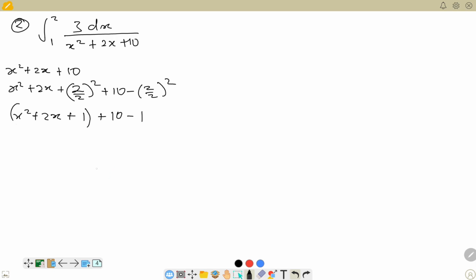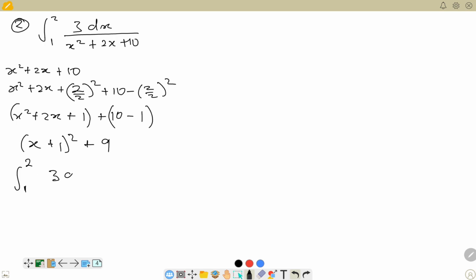And these ones here, we can consider separately. Even this side, we consider separately. And then we can rewrite this in a square form. It's going to be x plus 1 squared. Then 10 minus 1 is actually 9. Then from here, we take back our integral as it is.